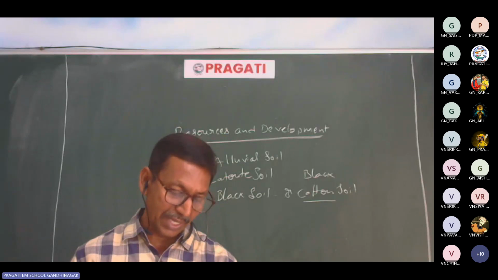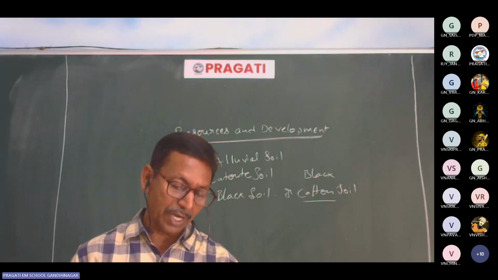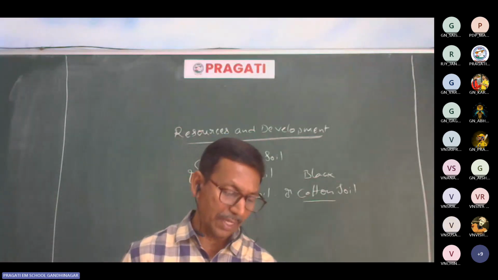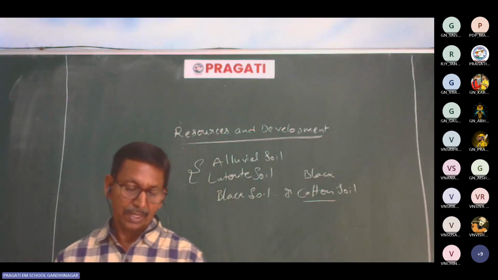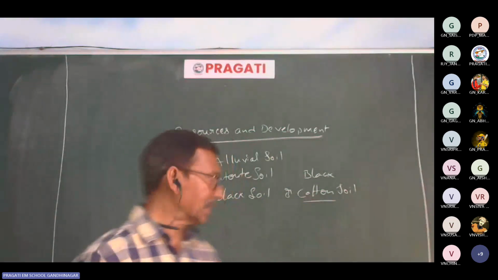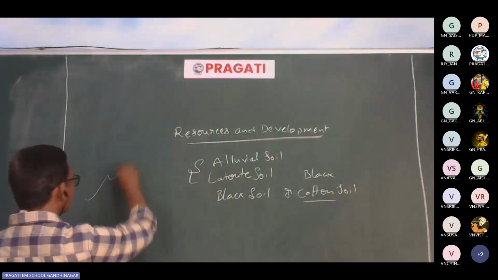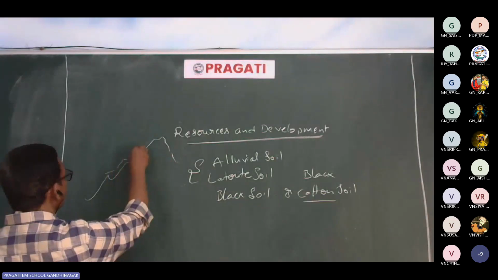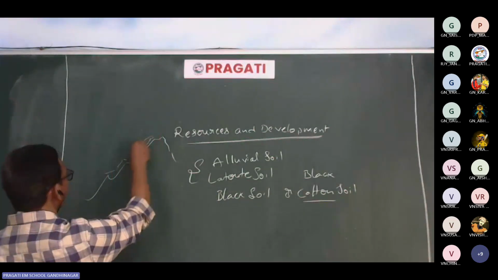Next, what is the meaning of shelter belt, strip cropping, etc.? You should prepare thoroughly. Terrace cultivation means step by step cultivation practice on hill slopes for tea and coffee cultivation.